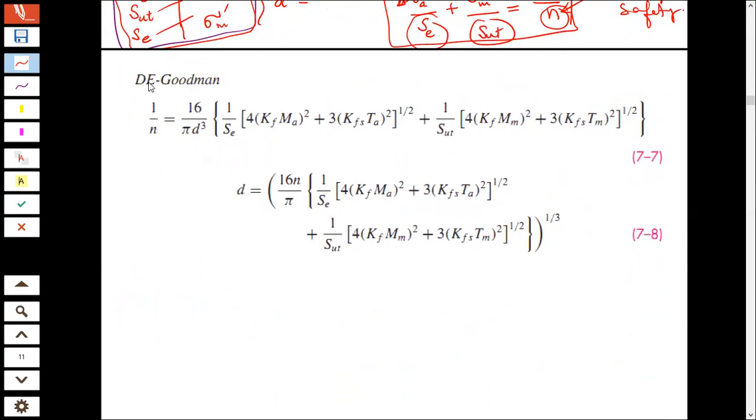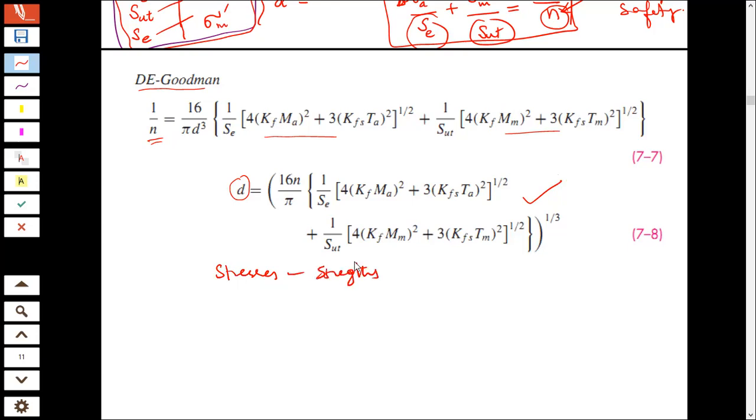If you are using the Goodman criteria, then this is going to be your equation for 1 over n, and then some of those stresses, sigma m and sigma a and sigma m, and with that your diameter is going to be this much. And it is nothing more than comparing stresses and strengths.